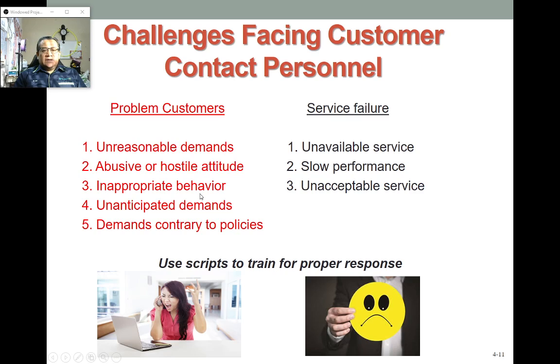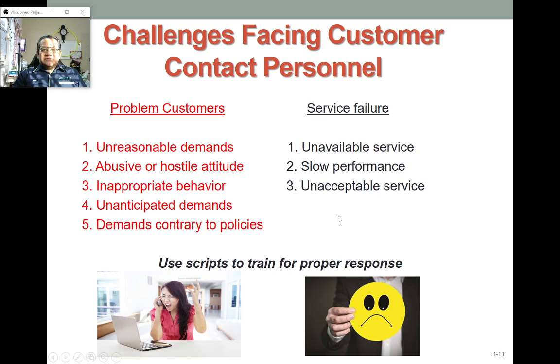Some of them show inappropriate behavior like scolding or scorning and so on. So these are all unanticipated demands, and some of these customer demands are a bit contradicting to the company policy. So again, this must be handled by contact personnel. So contact personnel as such must be well trained.